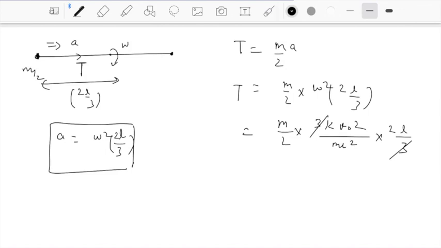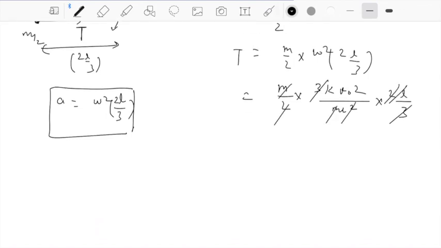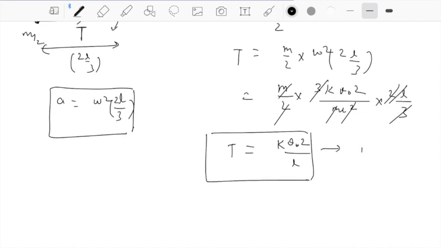So 3 and 3 cancel out, m and m cancel out, L and L cancel out, 2 and 2 cancel out. So finally we get K theta naught square by L, when it passes through the mean position.